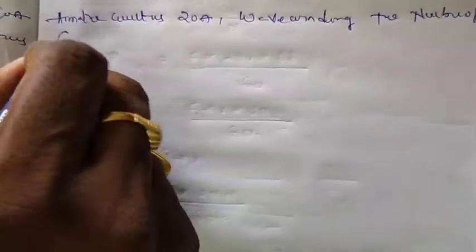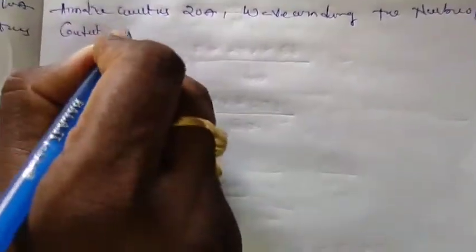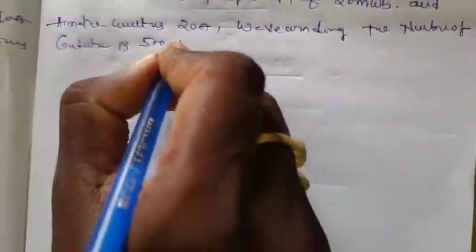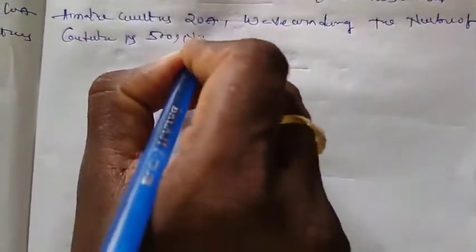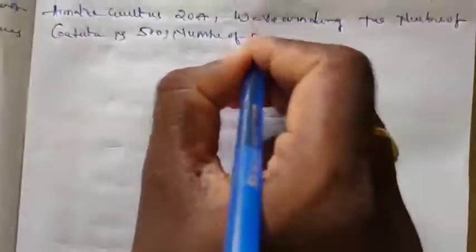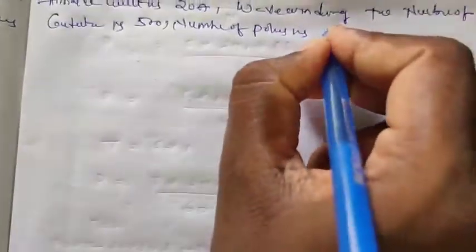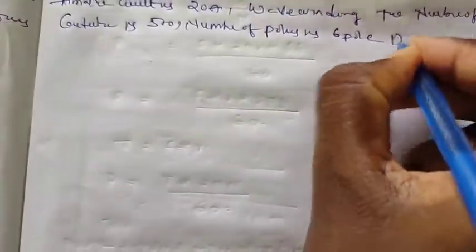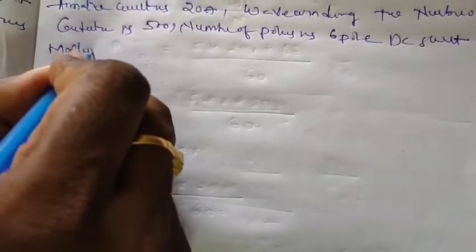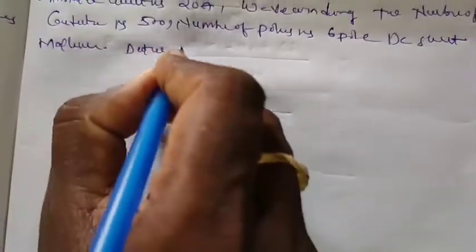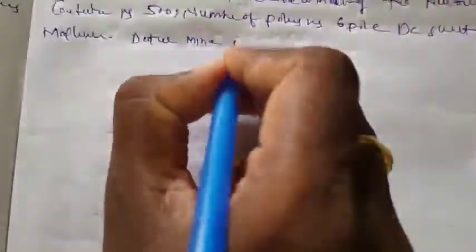The number of conductors is 500, and the number of poles is 6, a 6-pole DC shunt machine. Determine the armature torque.